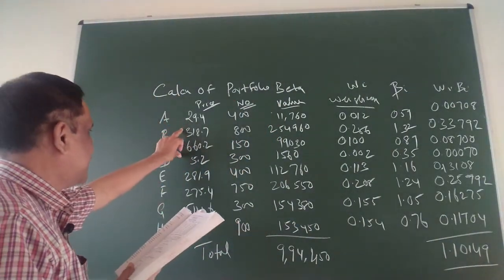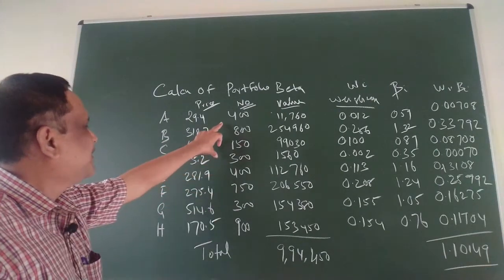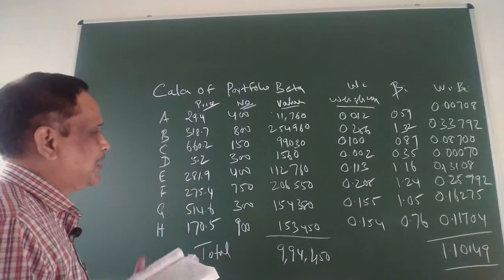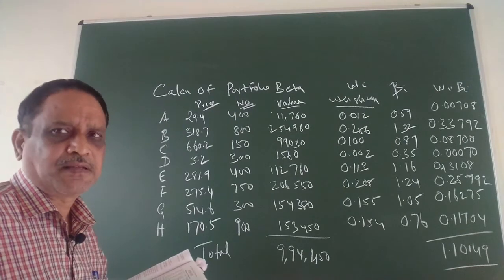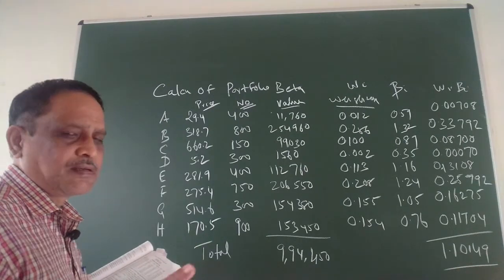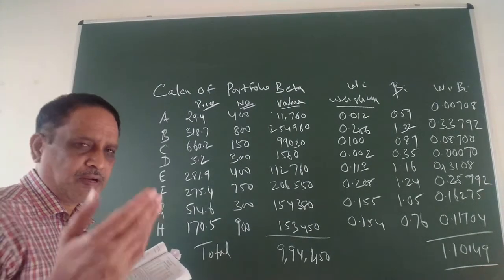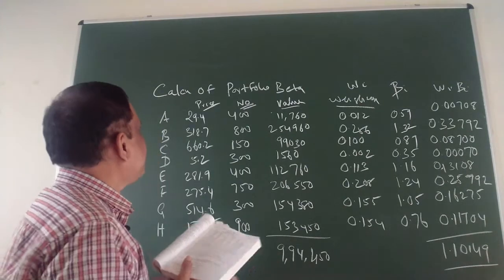We are given different shares, prices and number of shares. To calculate the portfolio beta, it is called the weighted average beta. It is just a weighted average calculation. You would have done the same concept in your statistics; you need to apply it here.